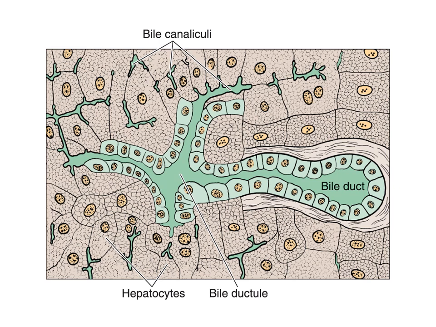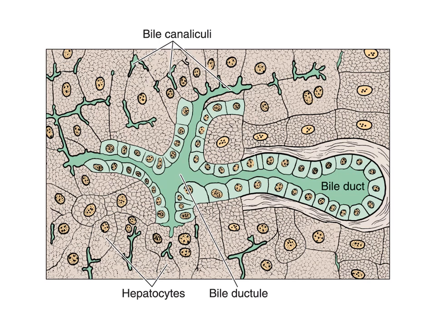The lumen of each bile canaliculus is sealed off from the intercellular compartment by occluding junctions, which are part of junctional complexes by which the canalicular surfaces of adjacent hepatocytes are bound together.